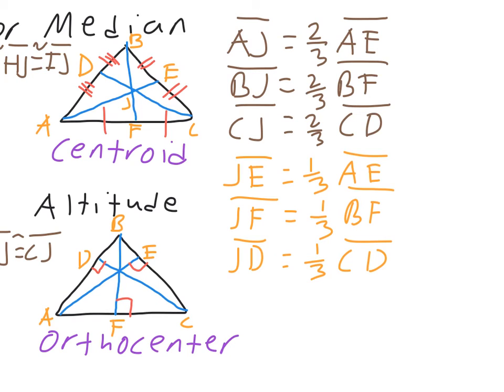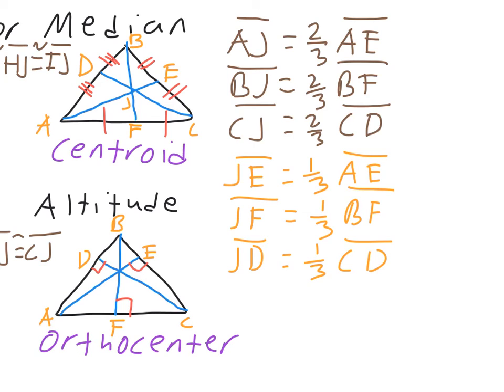Now that we know those two things, well, we can conclude one more thing. If AJ is 2/3 of the whole thing, and JE is 1/3 of the whole thing, well, 2/3 is twice 1/3, right?